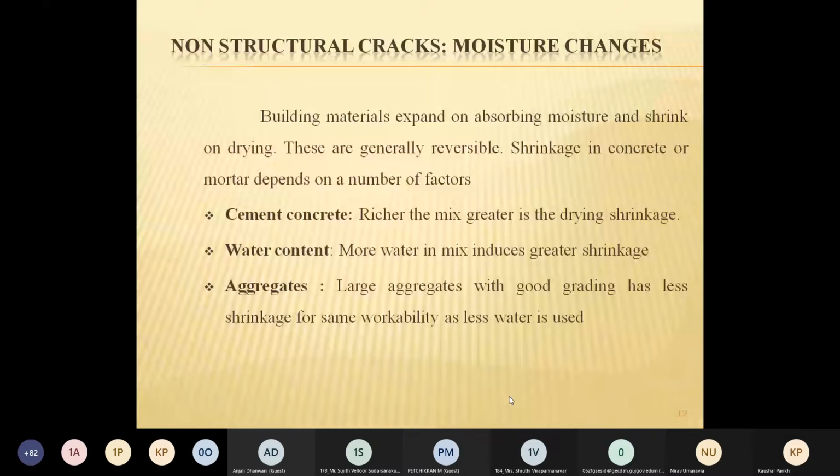Large aggregates with good grading have lesser shrinkage for the same workability, as less water is used. So these are the conditions that affect shrinkage, and this leads to shrinkage cracks. Curing definitely also affects it if the concrete is not properly cured.